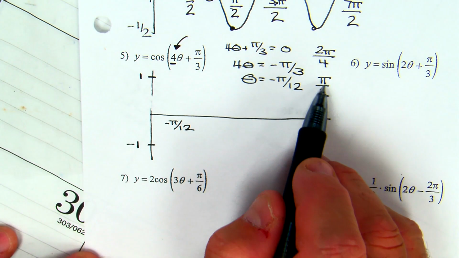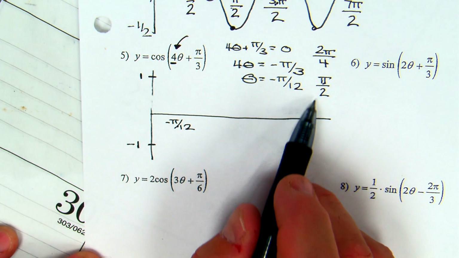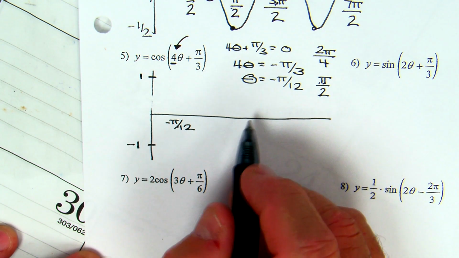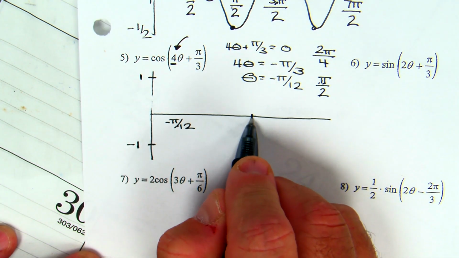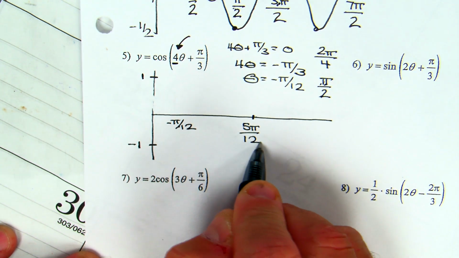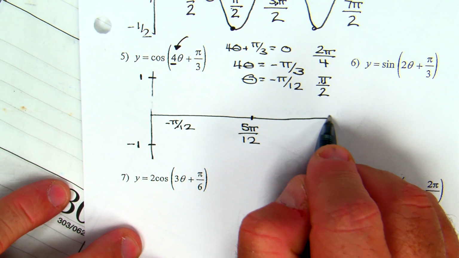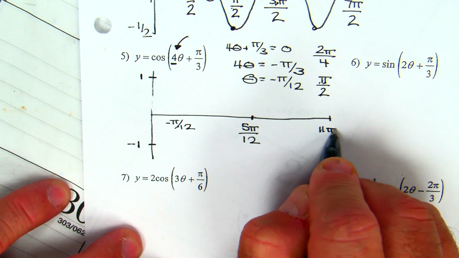So I'm going to add pi over 2 to negative pi over 12. Pi over 2 is 6 pi over 12. So my right endpoint, which we'll elaborate more on Monday, is 5 pi over 12. And then my second cycle is going to end at 11 pi over 12.